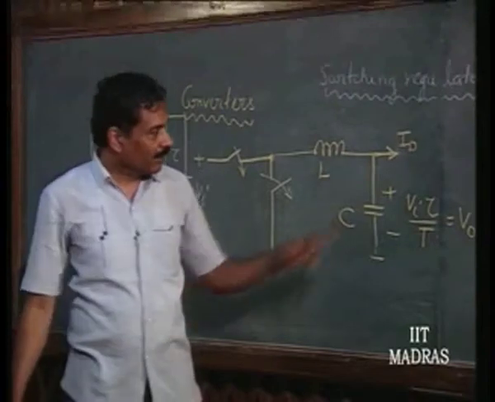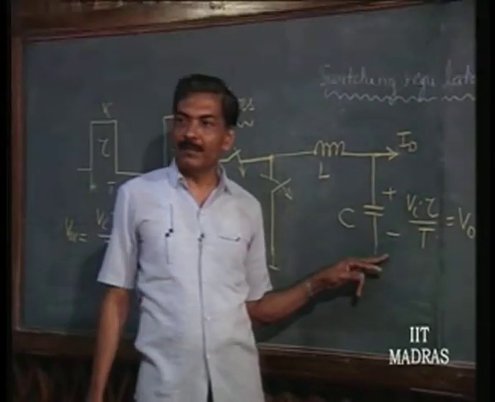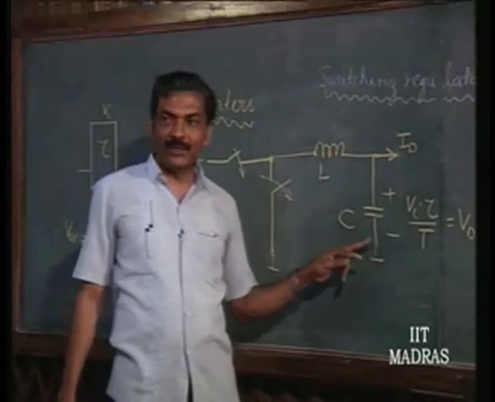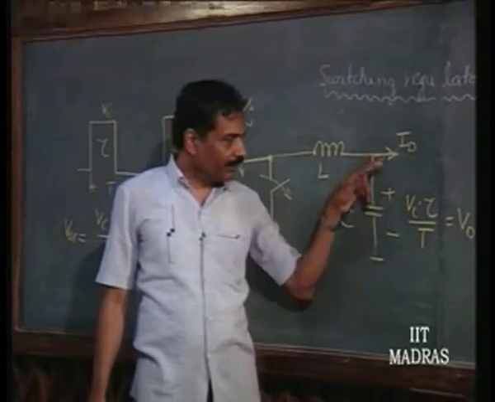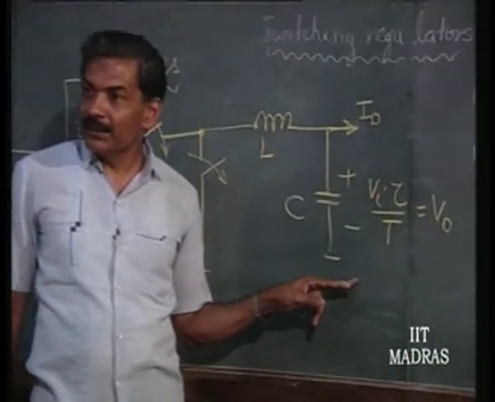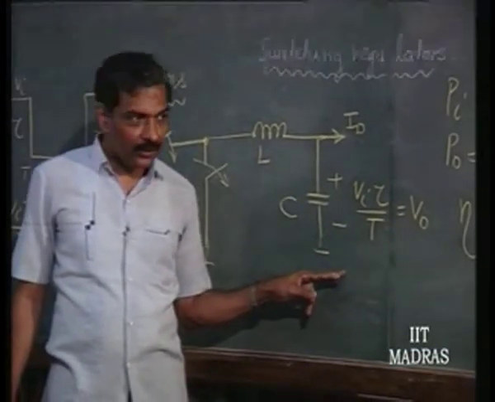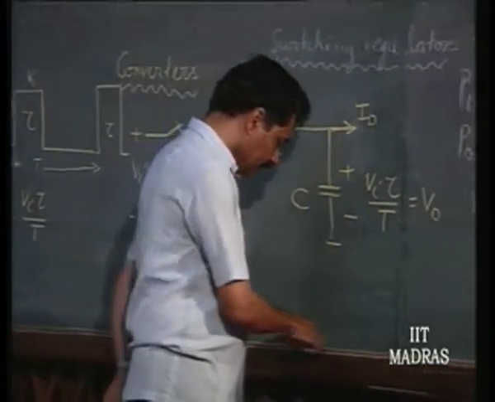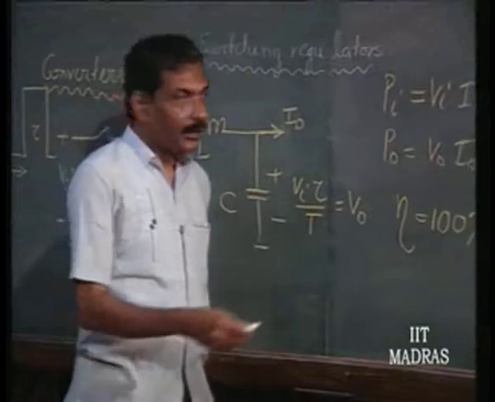What it means is the ripple voltage here is assumed to be extremely small. Already you are assuming that L and C have been chosen in such a manner that V naught is for all practical purposes equivalent to a DC. So let us therefore use this information in coming up with the solution for this.